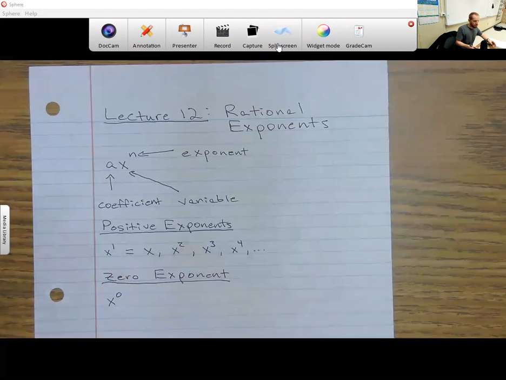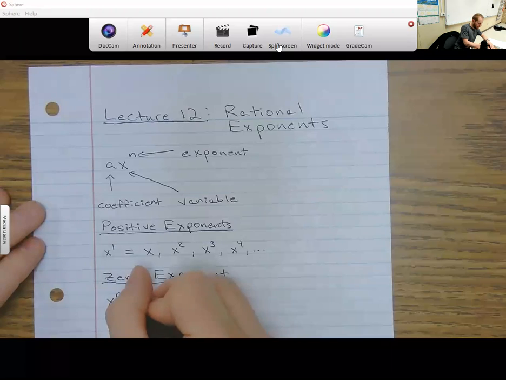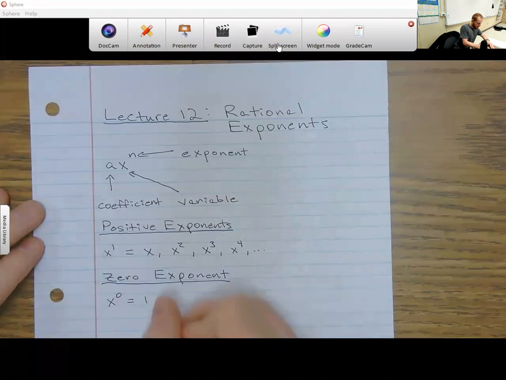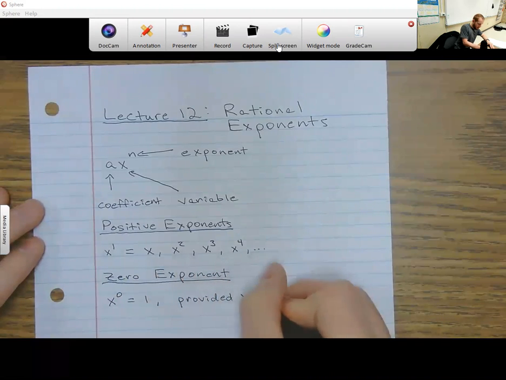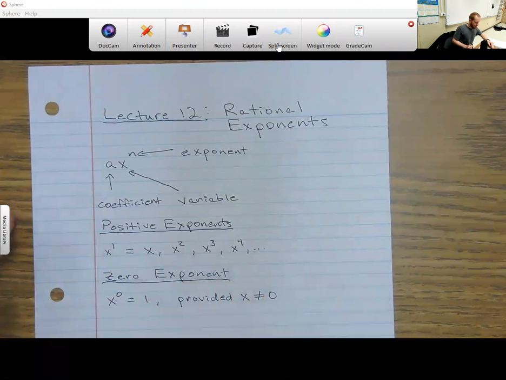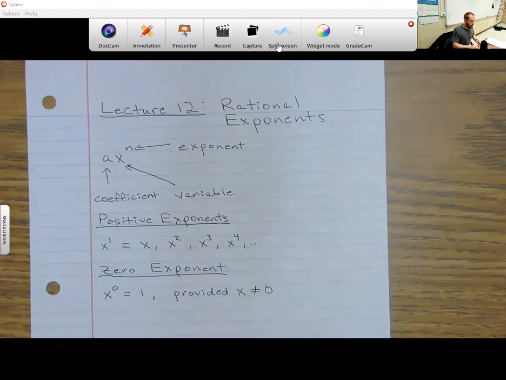And anything raised to the 0 power is going to be 1, provided that x is not 0. So you've got your positive exponents, you've got your 0 exponent. Anything raised to the 0 power is going to be 1.